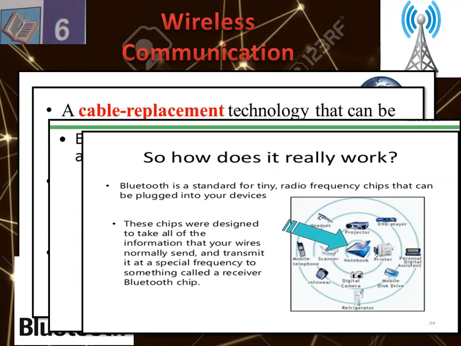So, dear students, basically Bluetooth is a short range and low speed wireless communication technology, and it is used to connect your devices. You can share your data and information easily, but with limited range. Its range is 10 meters.